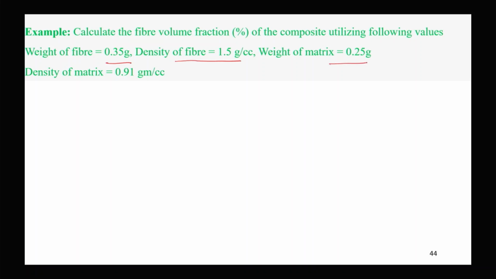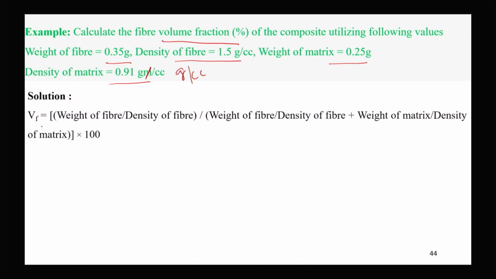Weight of matrix is 0.25 gram and density of matrix is 0.91 gram per cc, not G. This is gram per cc. Density of matrix is given and density of fiber is given, weight of fiber is given, weight of matrix is given. We have to calculate the fiber volume fraction, not the weight fraction.